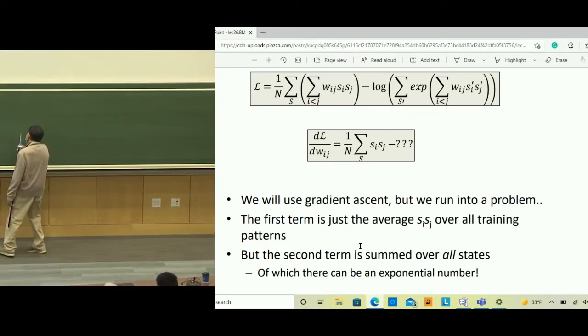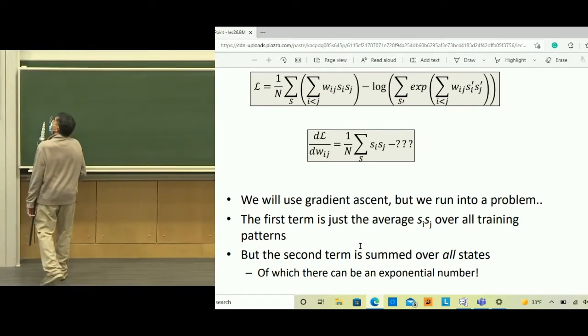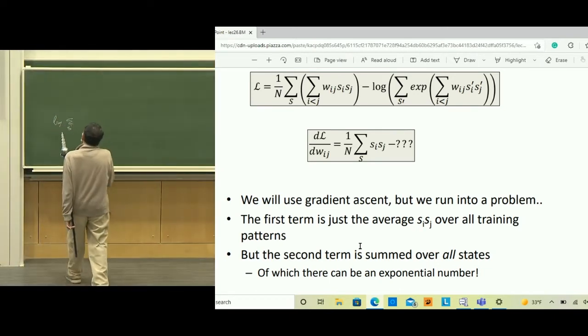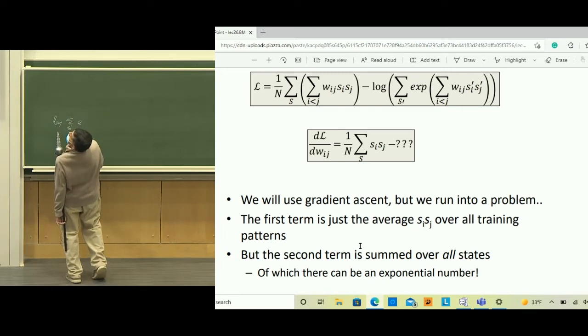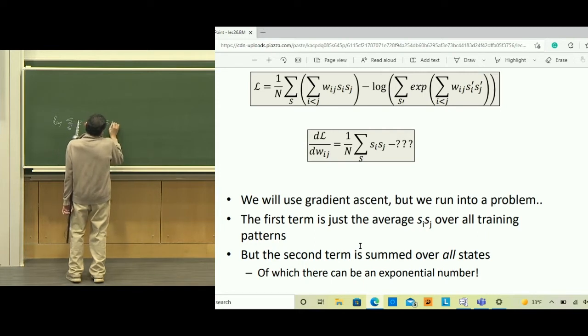Something interesting happens. I have a log of the summation over s prime of e raised to the summation of wij si sj, right?